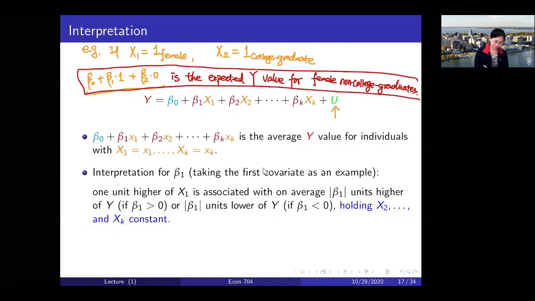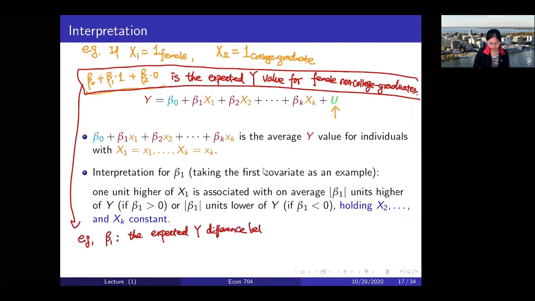So in this example, continuing that example, beta 1 is the expected y difference between genders holding x2 constant, holding the college graduation status constant.